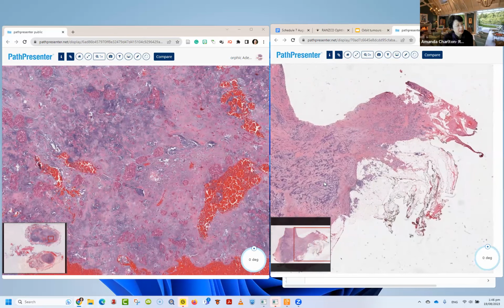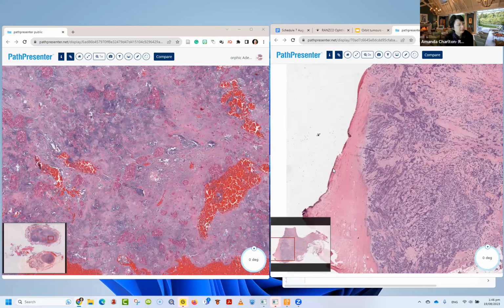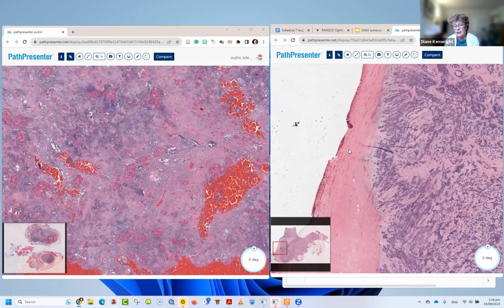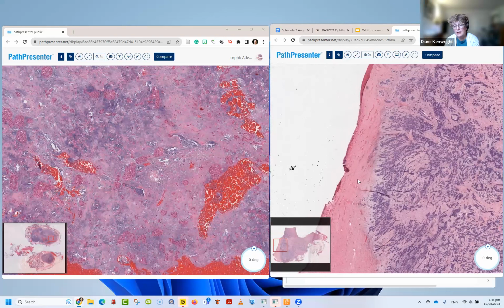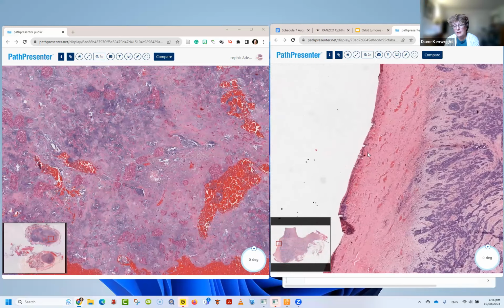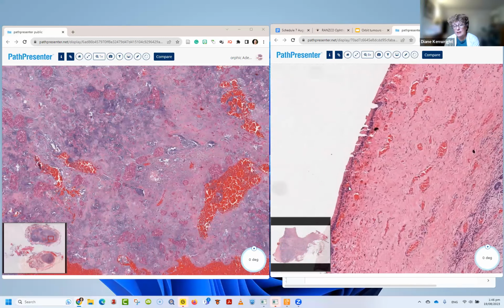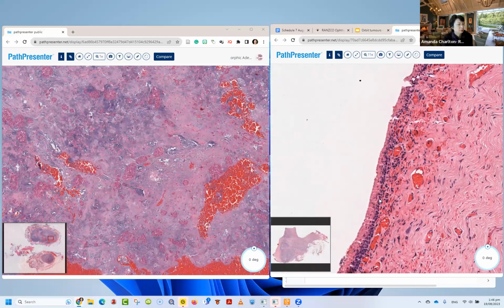That's normal tissue, the fat. And over this side, there looks to be an epithelial plane. Here we go. Hopefully you can see on the left hand side. Yep. So I see an epithelial surface here. This is not malignant. It looks normal to me.